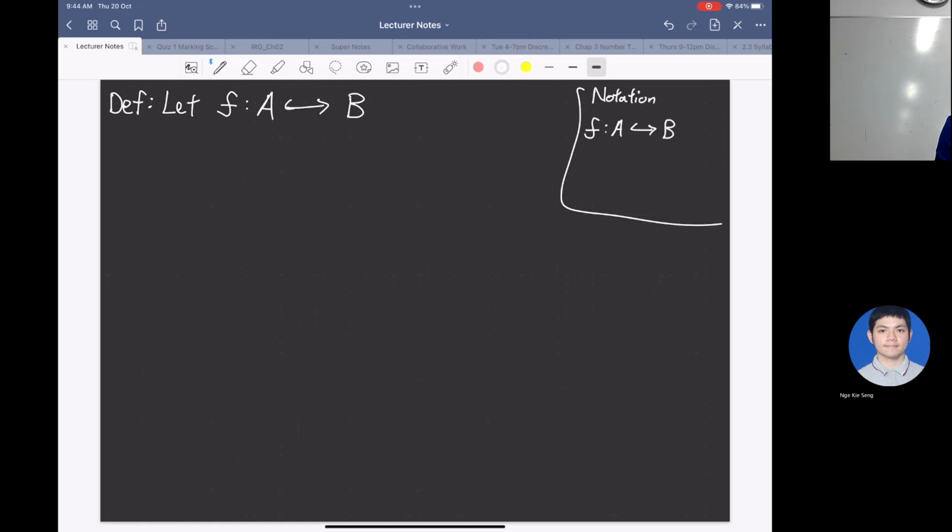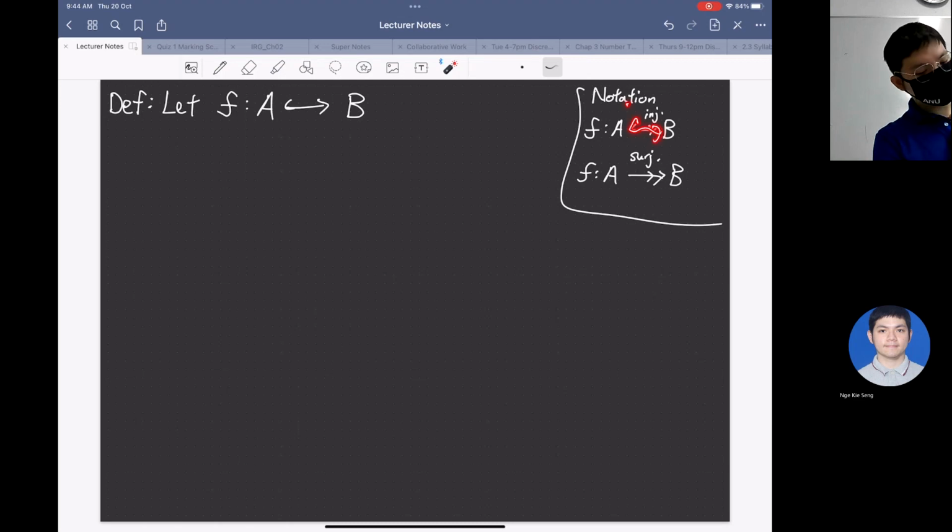I'll write this as an injection and this as a surjection. I use a hook arrow for an injection because it's like a subset, A sitting inside B. Then surjection, and a double-headed arrow so that you hit everyone in B. If it is one-to-one and onto, I'll write it like this.